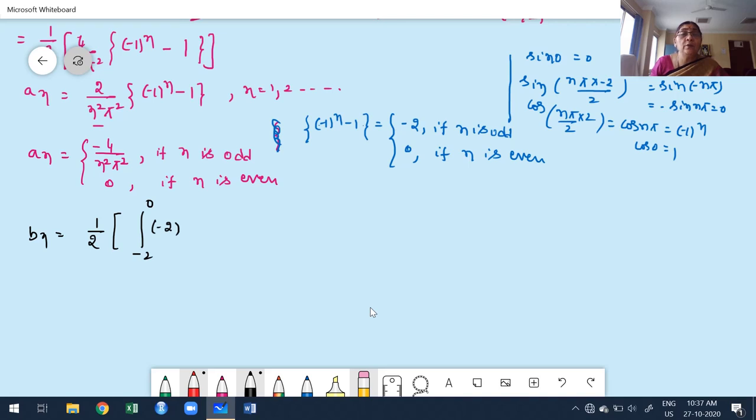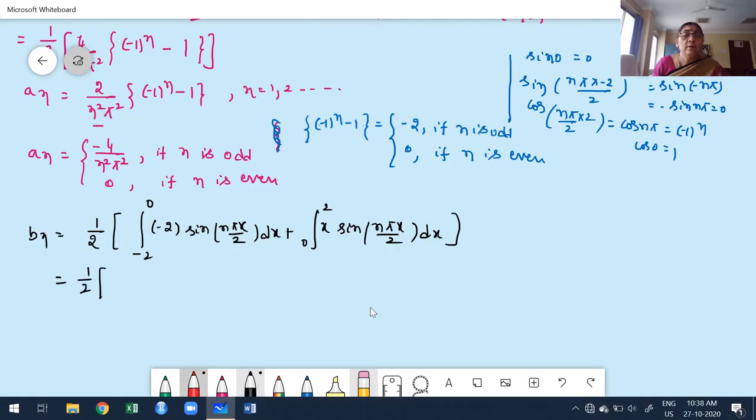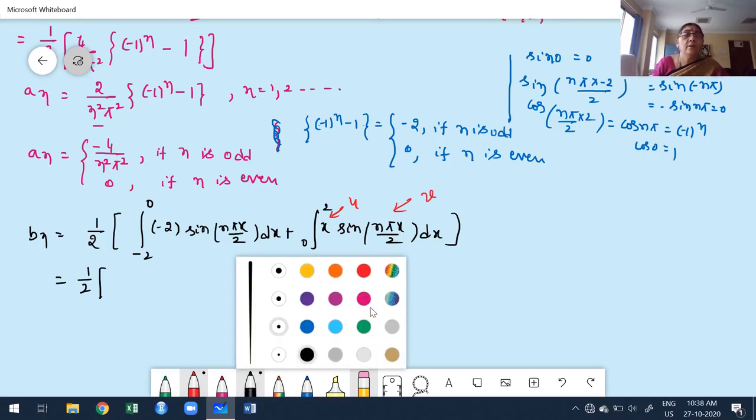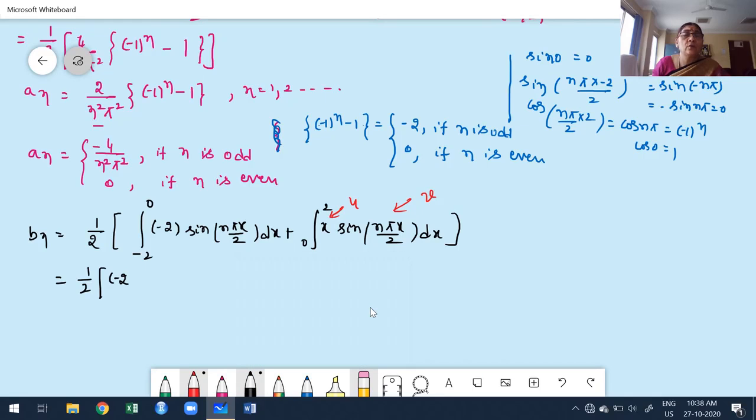From minus 2 to 0, it is minus 2 sin(n pi x by 2) with respect to x. From 0 to 2, the function is x sin(n pi x by 2) with respect to x. In the next step, as usual, this is my u function and this is my v function. Keep minus 2 as constant.